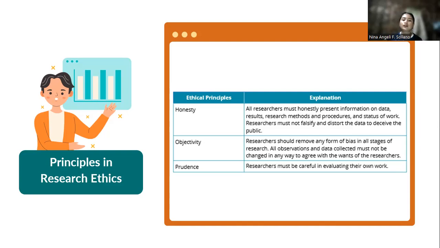Okay. Next, we have objectivity. In objectivity, you should remove any form of bias in all stages. So you should be fair. Okay. Next, we have prudence. In prudence, you should be careful in evaluating your work.